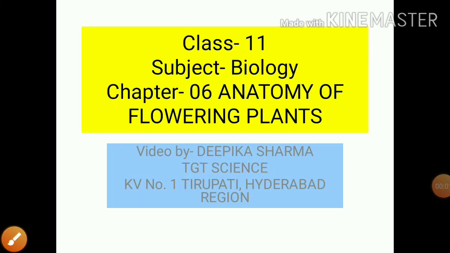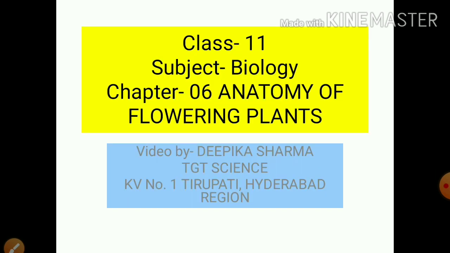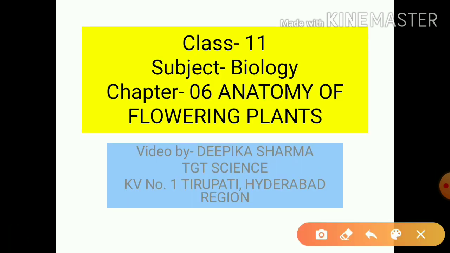Good morning, dear students. In this video, we are going to understand chapter number 6, Anatomy of Flowering Plants from the class 11 biology textbook. So first of all, we will understand the meaning of this term anatomy.